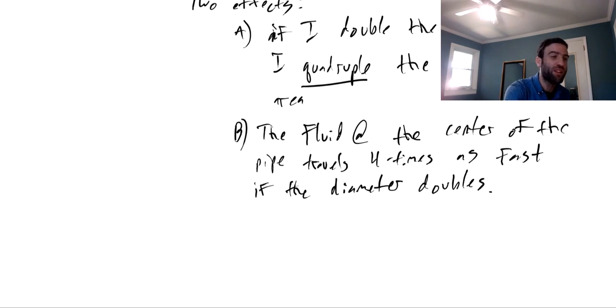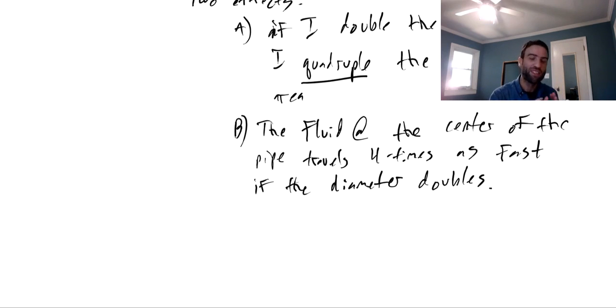And I just want to dwell on that for a little bit, because diameter to the 4th power is actually a pretty strong effect. So it means, if you take a garden hose, for instance, and you make the diameter just 20% bigger, 1.2 to the power of 4 is basically a factor of 2, right?